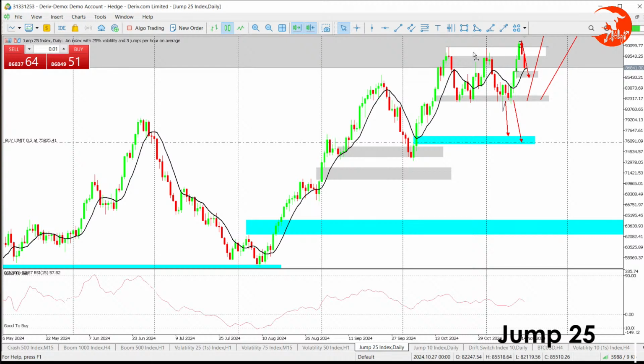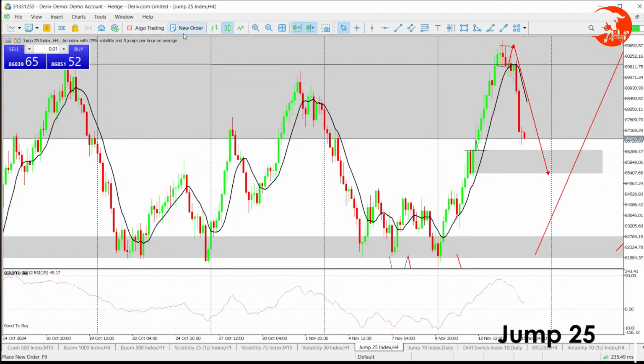I can delete this resistance level on the daily time frame. Indicators are aligned there. Then over to H4 and look at what is happening.